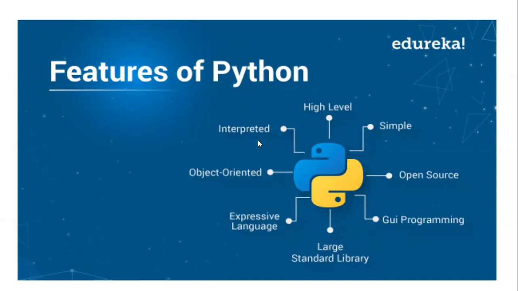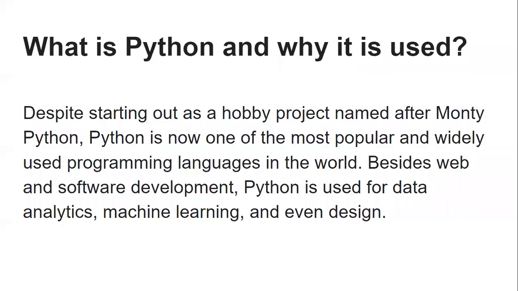First, high-level language. Second, simple, open source, GUI support, large standard library, expressive language, object-oriented, interpreted. These are the features of Python programming.